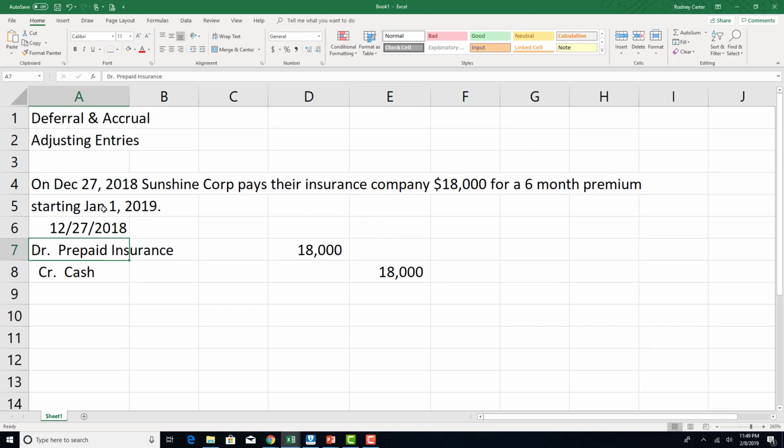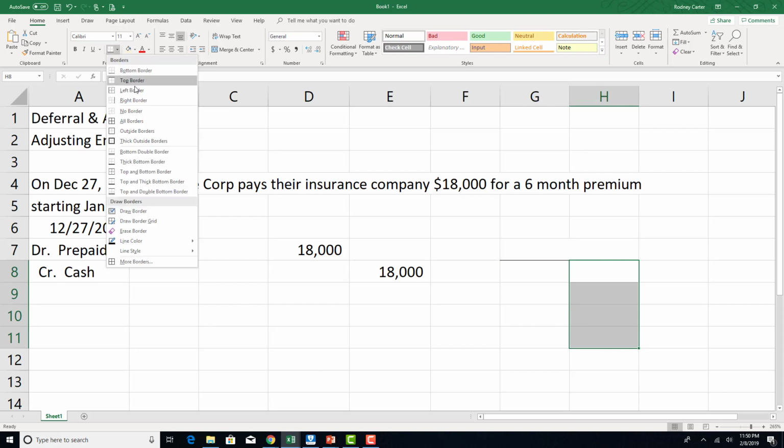I want to ask you, what's the first date we need to adjust this prepaid insurance? I'm going to create a T account to represent its general ledger account.